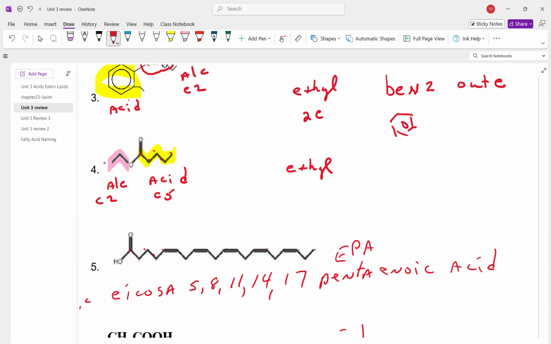And it's based on a 5-carbon acid. So that's going to be a pentanoate. So this comes from a 2-carbon alcohol, 5-carbon acid. No branching.